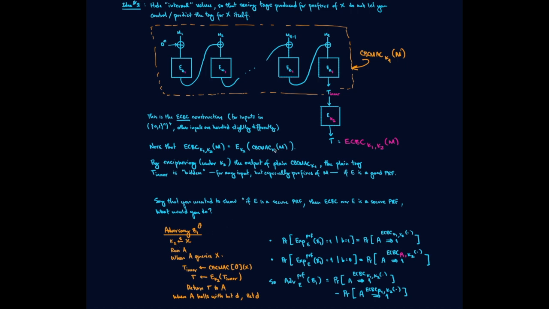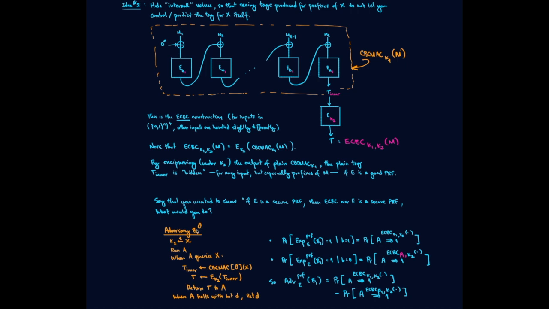Be clear about this: if you were given an A that distinguishes this big construction from a big random oracle with the same domain of strings, what would happen in that experiment? The very first thing that would happen is that two keys, K1 and K2, would be picked uniformly at random.